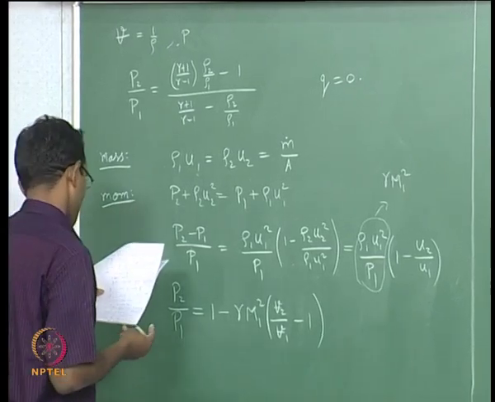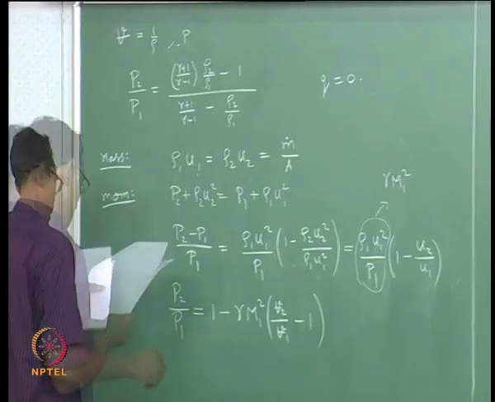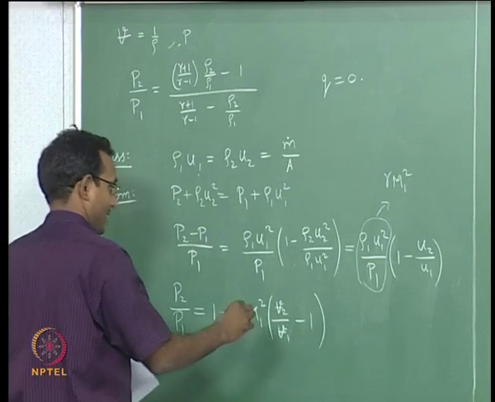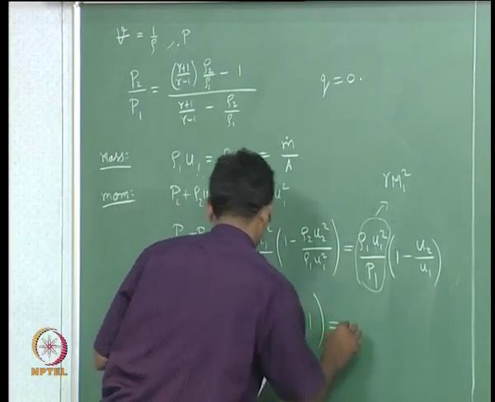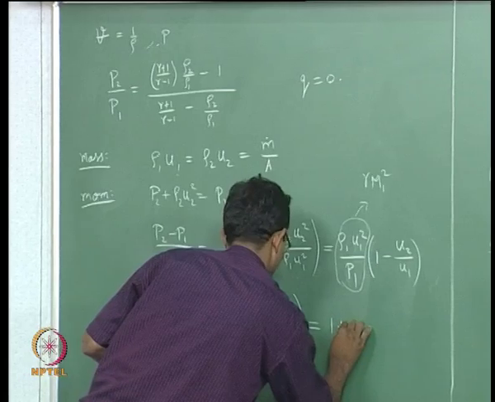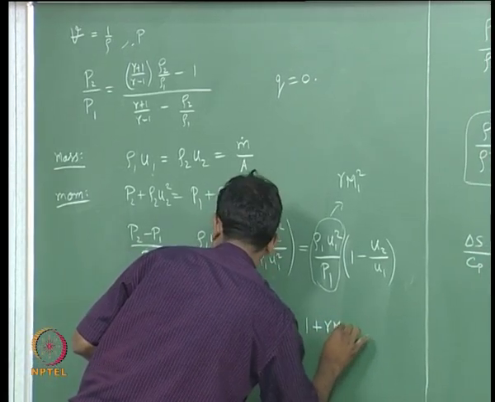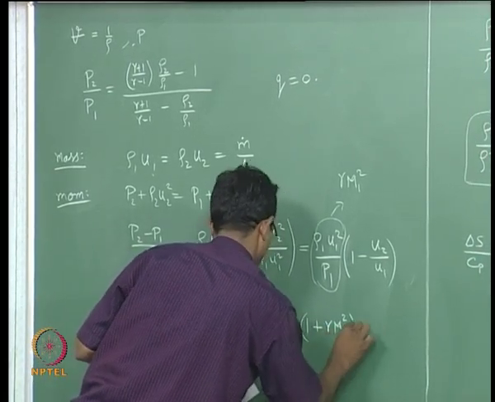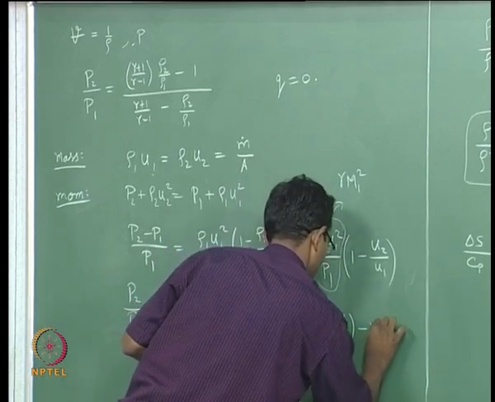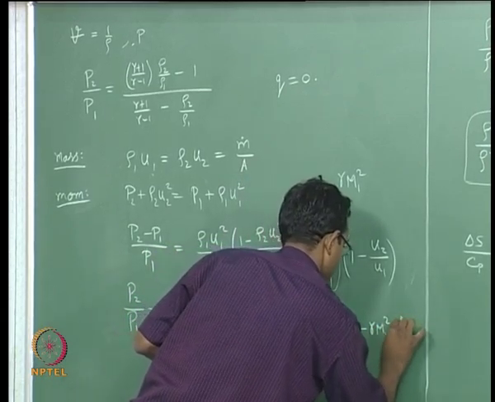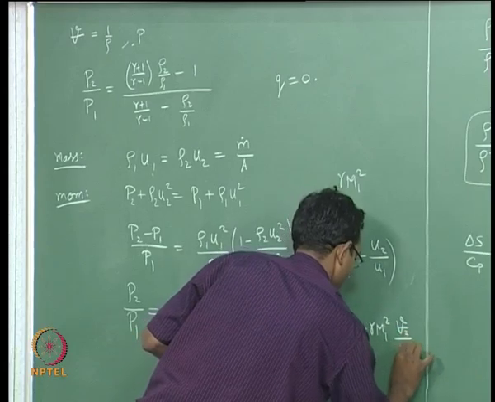I will end up with this particular expression, and I will just rearrange the terms so that I will directly talk about P2 and v2 relation. 1 plus gamma M1 square minus gamma M1 square times v2 by v1.